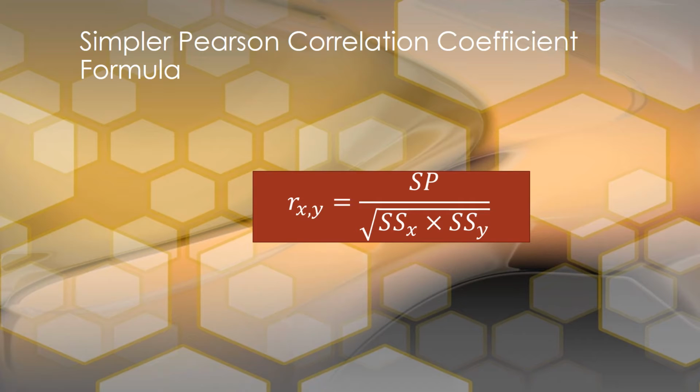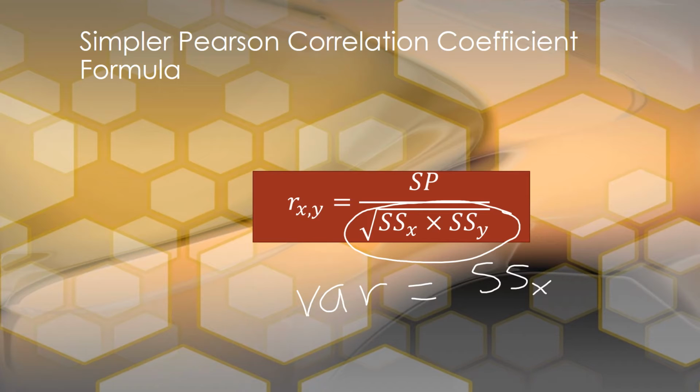Here we have a different form of variability or spread. So you should know what the sum of squares are of x and y. And remember we used that in the variance formula. So remember variance equals the sum of squares x divided by n minus 1 if we're doing the sample variance.